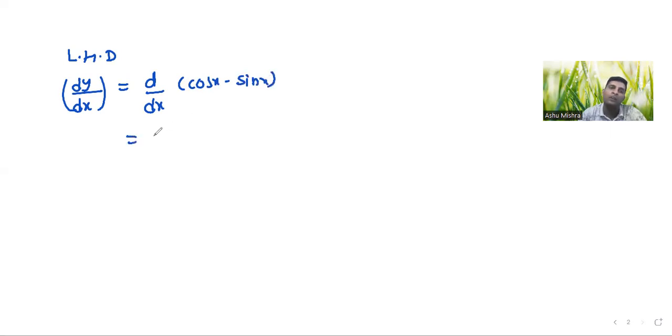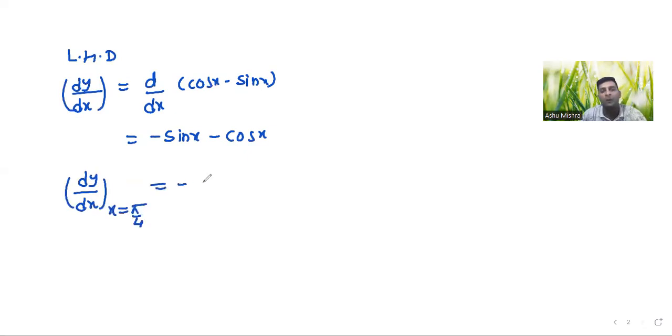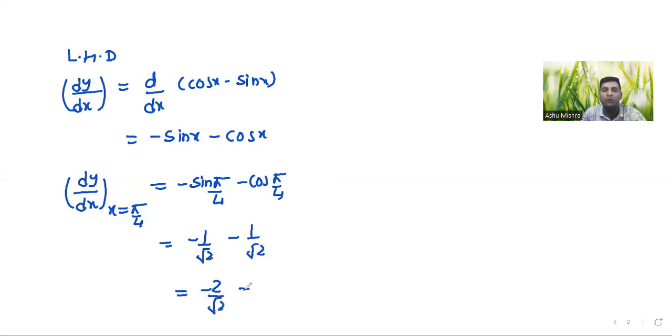We know the derivative of cos is minus sin x, the derivative of sin is cos x, and we get dy over dx at x equal to pi by 4 will be equal to minus sine pi by 4 minus cos pi by 4. We get minus 1 upon root 2 minus 1 upon root 2, and the answer will be minus 2 upon root 2, which is equal to minus root 2.